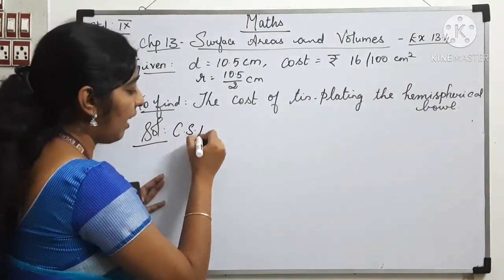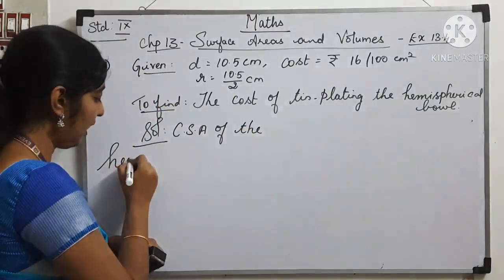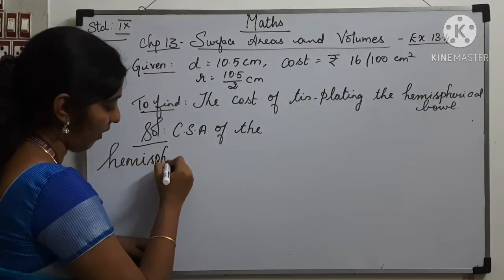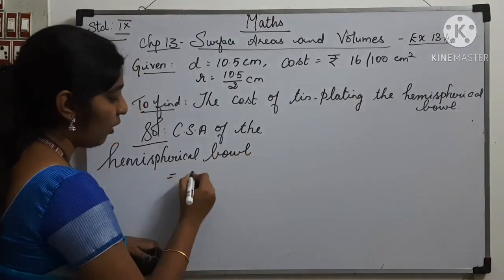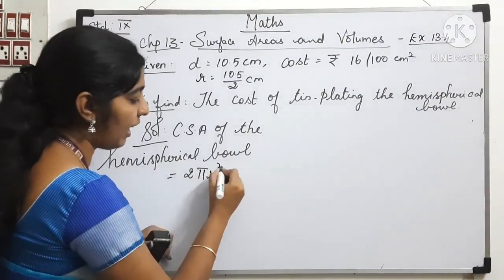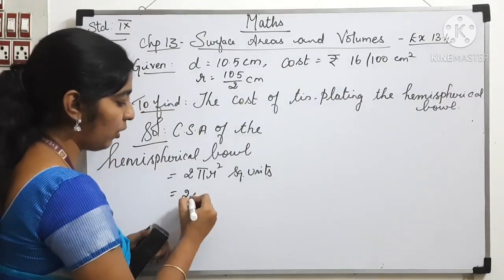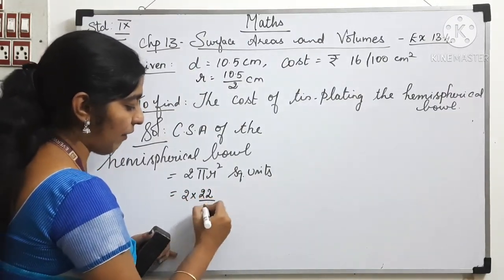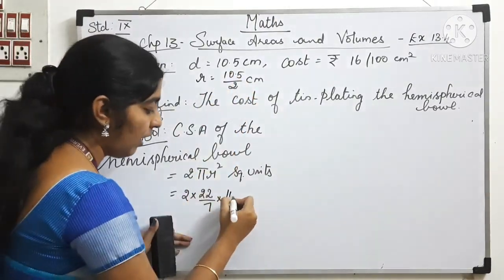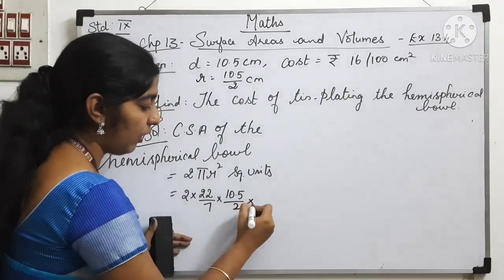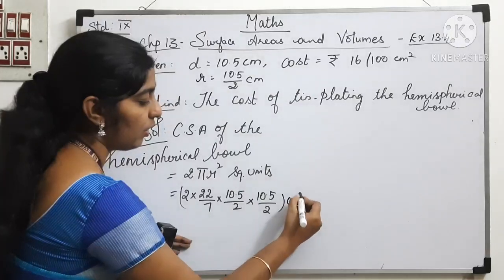Curved surface area of the hemispherical bowl is equal to 2 pi r square units, which is equal to 2 into pi value 22 by 7 into r value 10.5 by 2 into 10.5 by 2, unit is centimeter square.